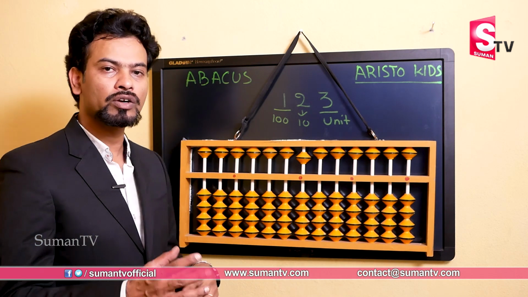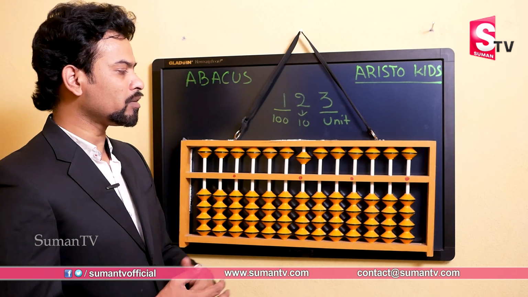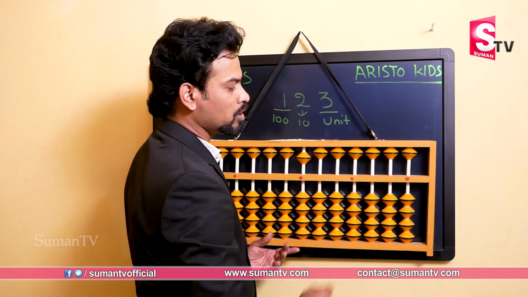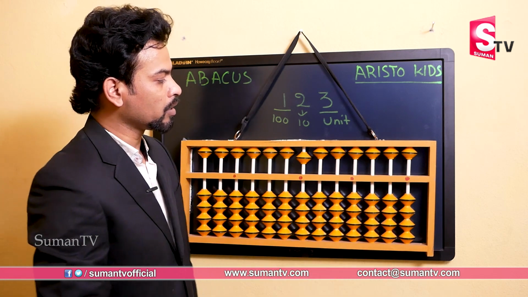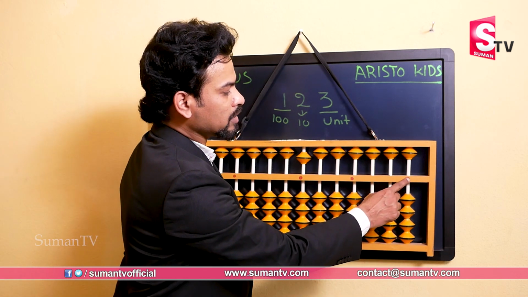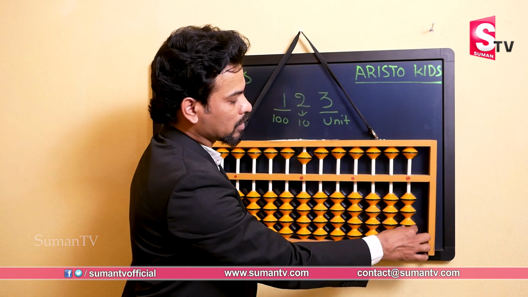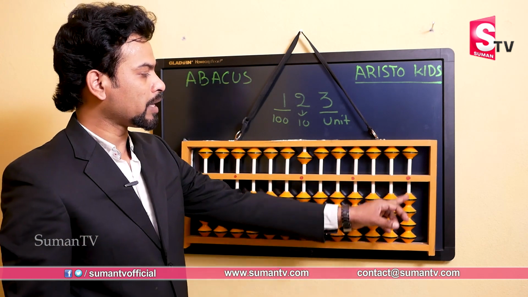According to our need, we can change the unit place. For our convenience, I am taking this first place where this unit dot is as the unit place. So when I took this unit dot as a unit in my abacus, this particular rod is converted into the unit rod.